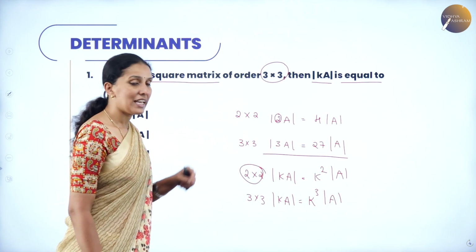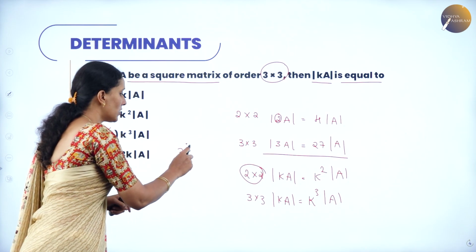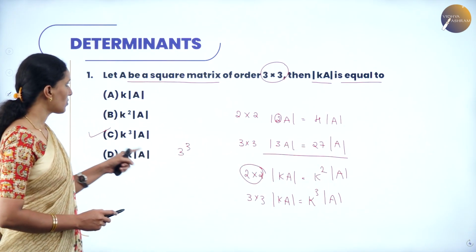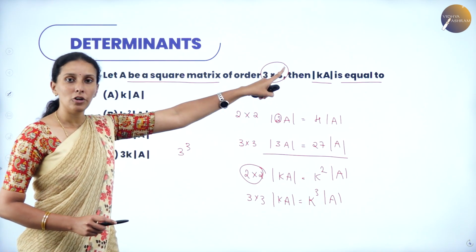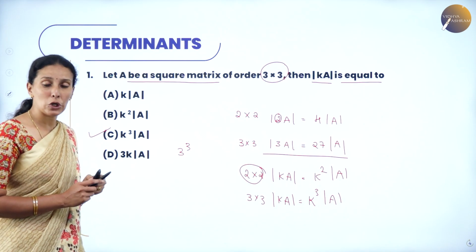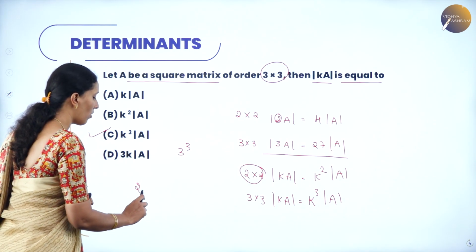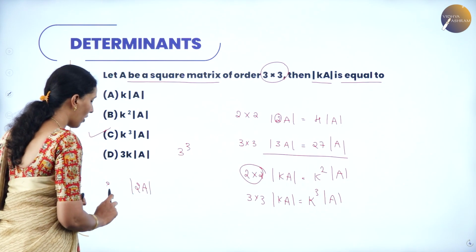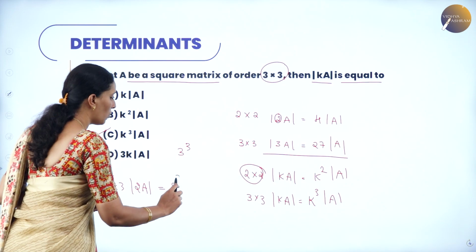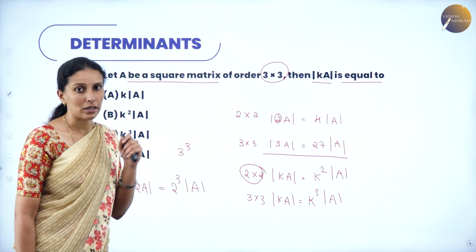Here the value of k is 3 and the order of the matrix is 3, so 3 cube is 27 times determinant A. That is why whenever you have a determinant of kA of a 3x3 matrix, it can be written as k cube times determinant A. Suppose you have determinant of 2A of a 3x3 matrix, then this is equal to 2 cube times determinant A, that is equal to 8 times determinant A.